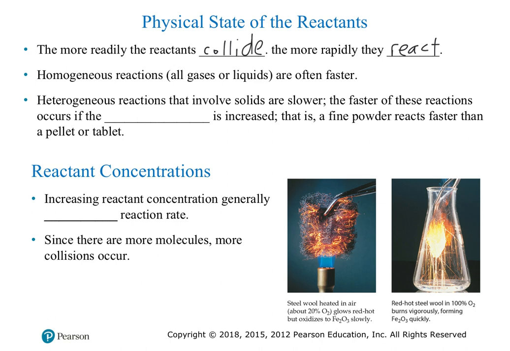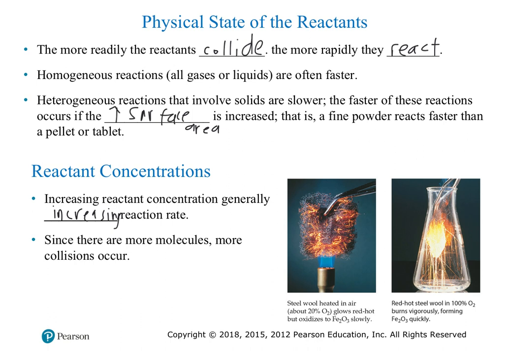These can be sped up when we have a high surface area. So when we're dealing with molecules that are in a powder form, they're going to react faster than if they were all combined into a chunk.